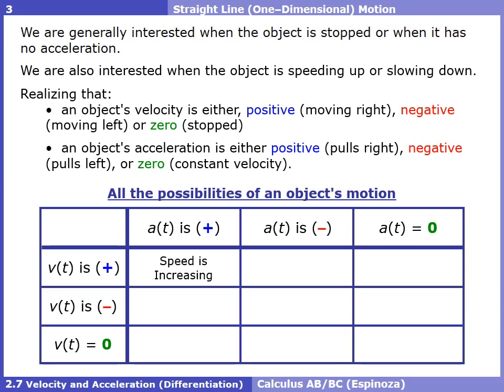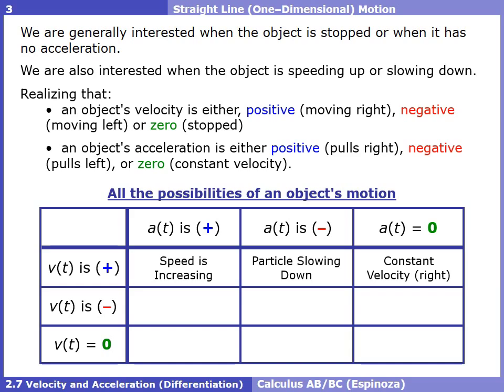Conversely, if we're moving to the right and our acceleration is negative, we get pulled in the opposite direction, we're going to slow down. Our speed will slow down. To fill in this last box in the row, if velocity is positive but acceleration is 0, all we know is we have constant velocity in the right direction.